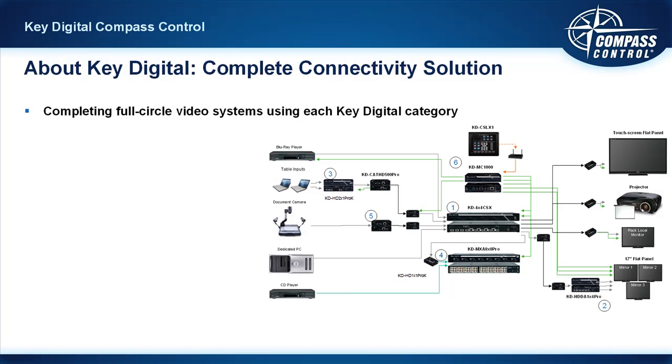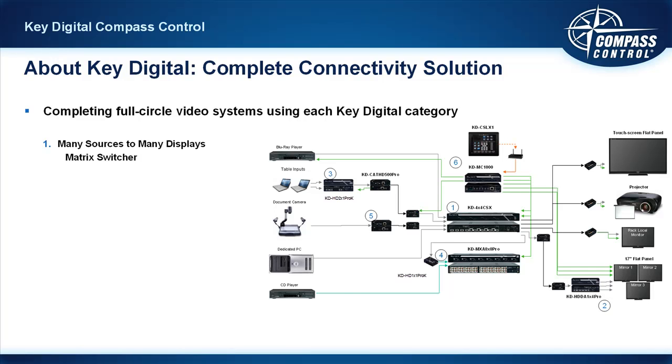Now, understanding Compass Control really begins with understanding the background that KeyDigital comes from. We, again, created full circle systems using all of our product categories at KeyDigital. We went over this in C1 Part 1. The matrix switcher part, which is the number 1 there, right in the middle.